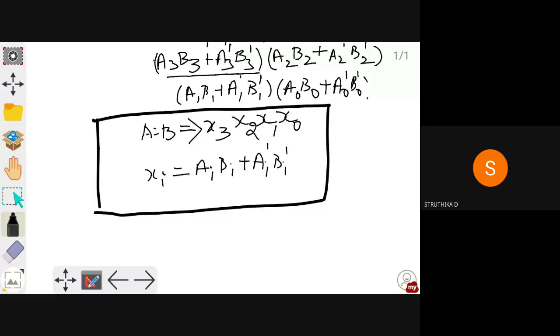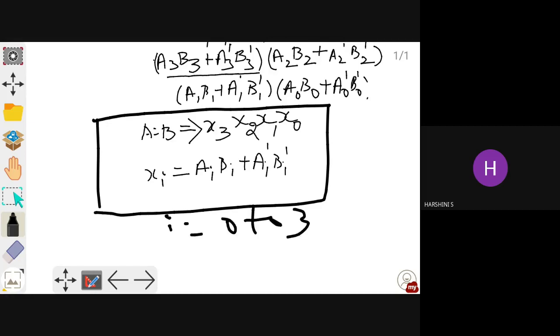Is it clear or not? How you obtain the condition for a equal to b? Is it clear for all of you? Yes, ma'am. So a equal to b means your condition is x3 into x2 into x1 into x naught, where xi, that is, i is equal to 0 to 3.